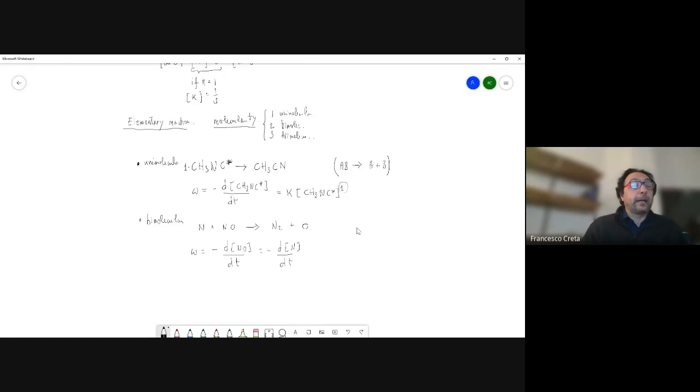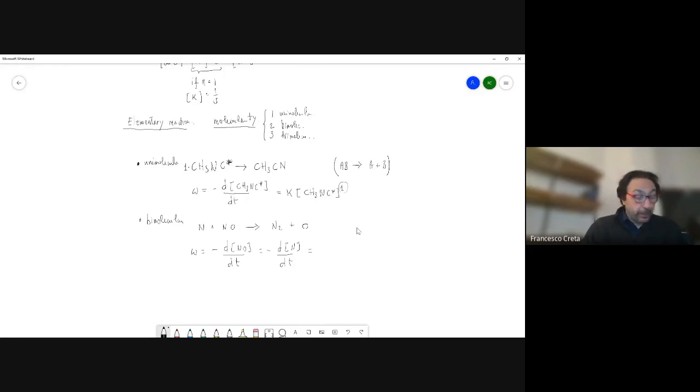Remember that I am putting here 1 over the difference between the stoichiometric coefficients, remember? So this is 1 over 0 minus 1, so it's minus 1.